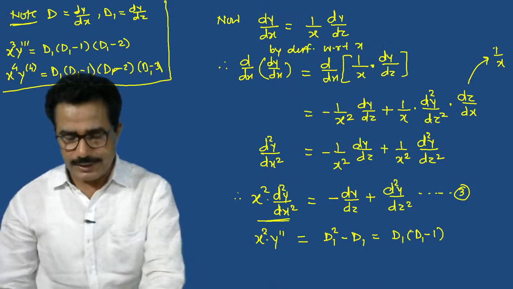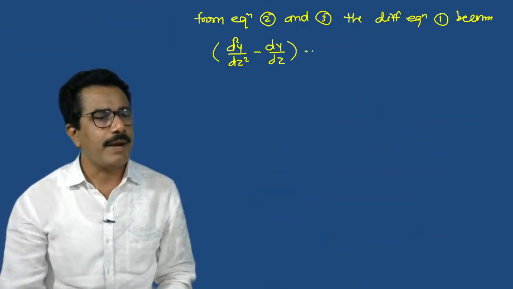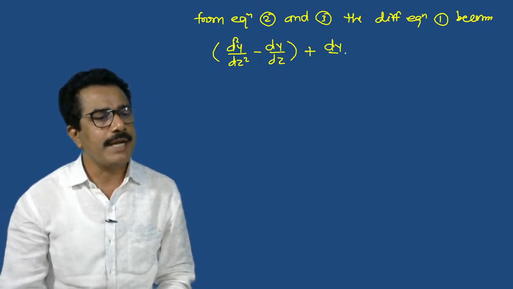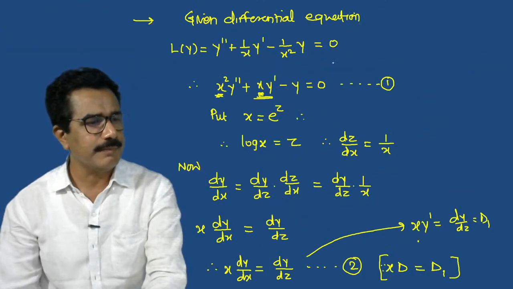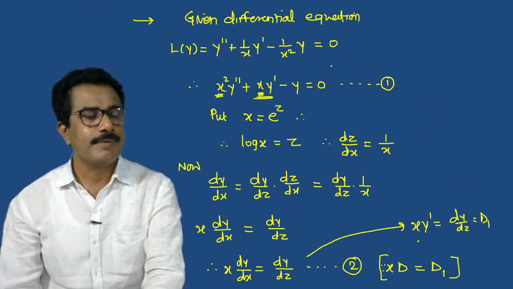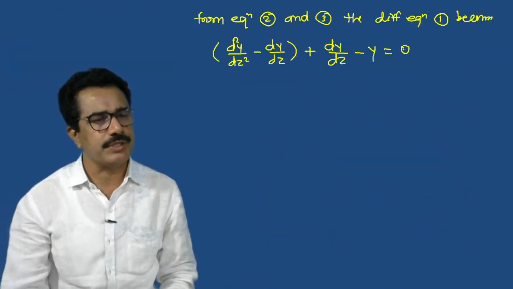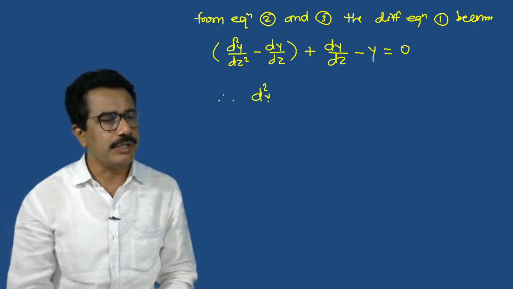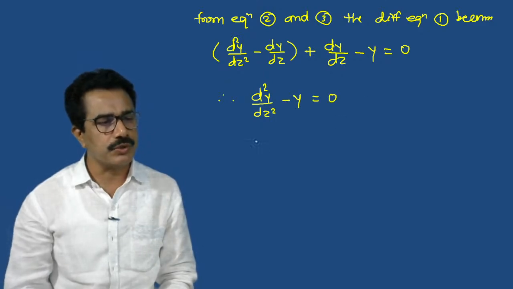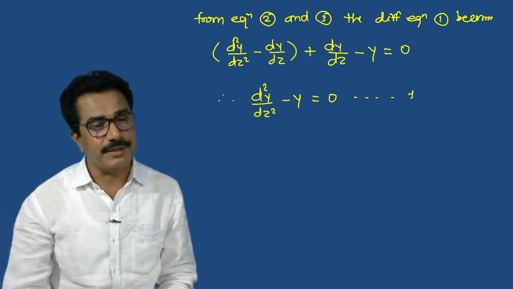So we can write this, from this equation, plus dy by dz minus, what is the last term here, minus y, which is equal to 0. See this, dy by dz plus and minus get cancelled, d2y by dz square minus y is equal to 0. Actually this is a homogeneous equation, important.